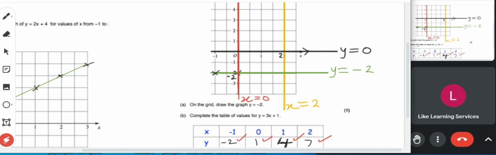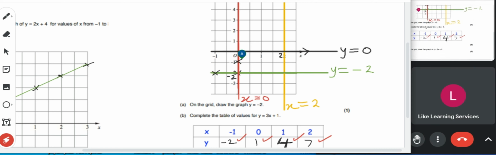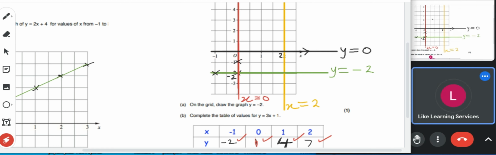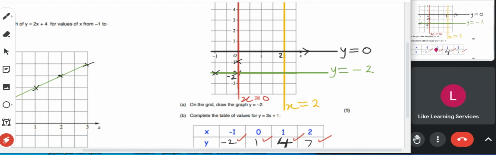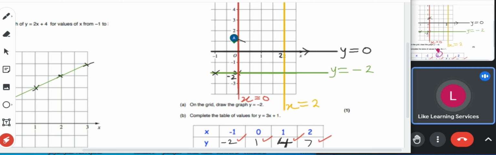Good. Minus 1 on x, minus 2 on y. The next one is 0 on x, 1 on y. It's here. Correct. These two are correct.